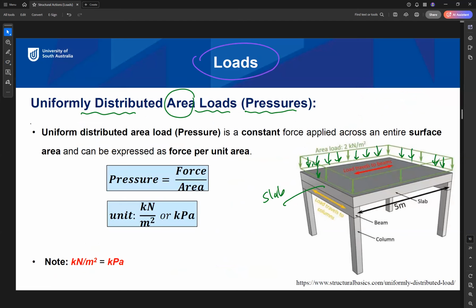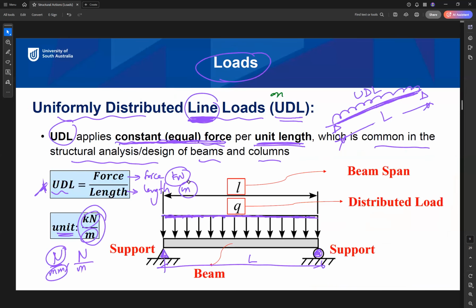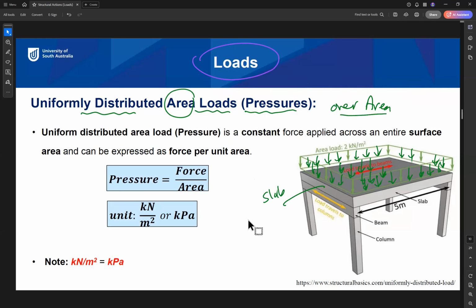Any point of this roof has the same value of the load, which is our uniformly distributed area load. The difference between line load and area load is that the area load is distributed over an area, but the line load is distributed over a line. So line and area, this is the difference.